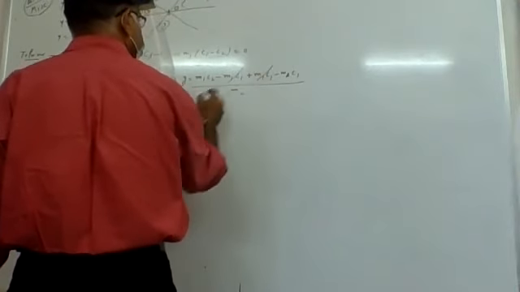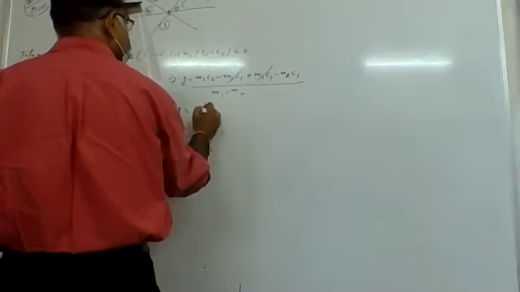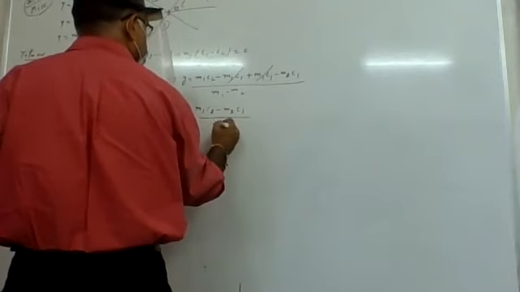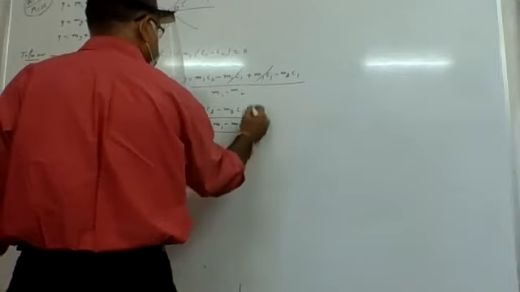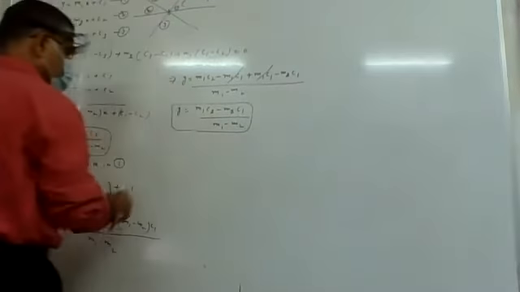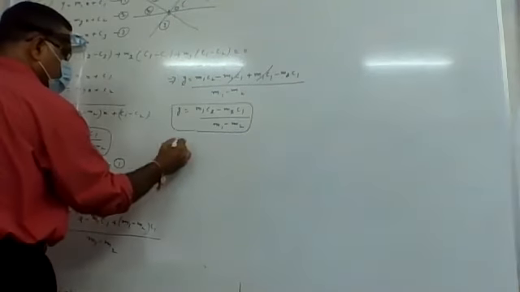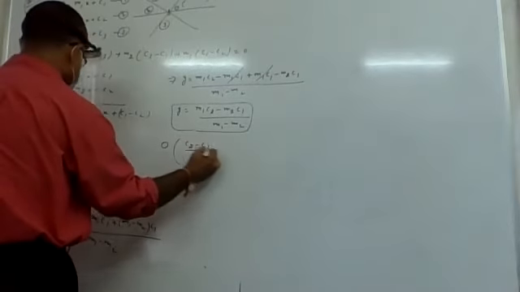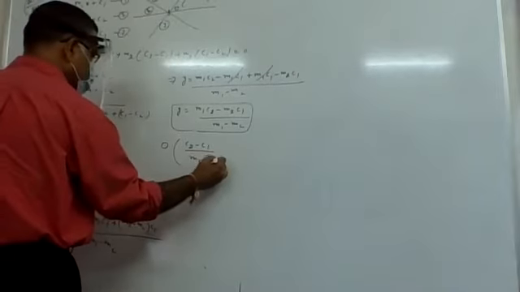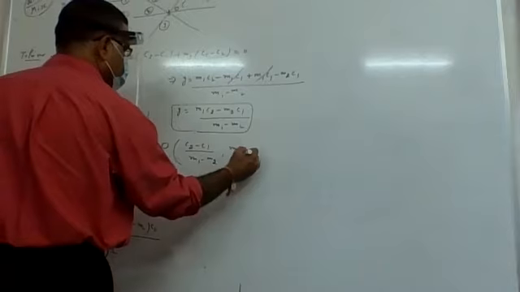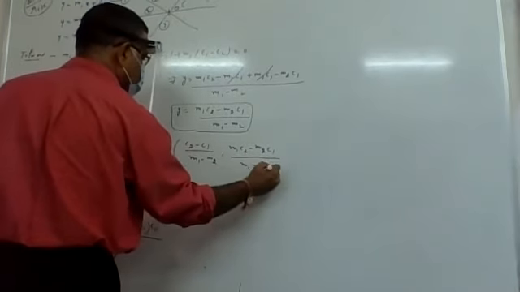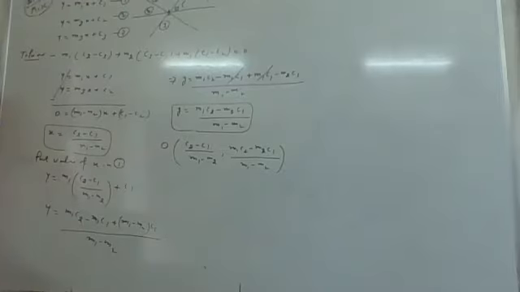So m1 c1 goes, so the value of y is (m1 c2 minus m2 c1) upon (m1 minus m2). So point O's coordinates are ((c2 minus c1) upon (m1 minus m2), (m1 c2 minus m2 c1) upon (m1 minus m2)). These are the coordinates of the point O.